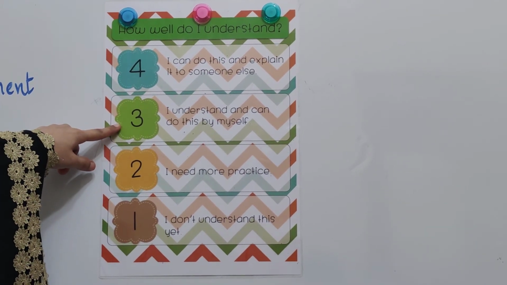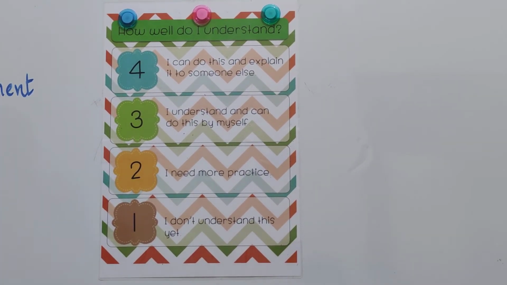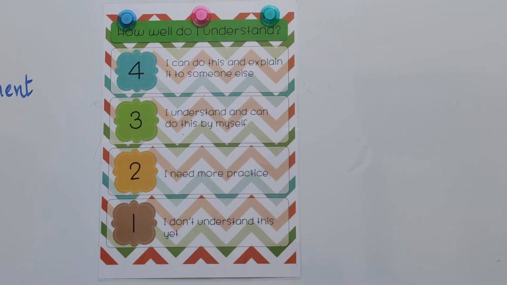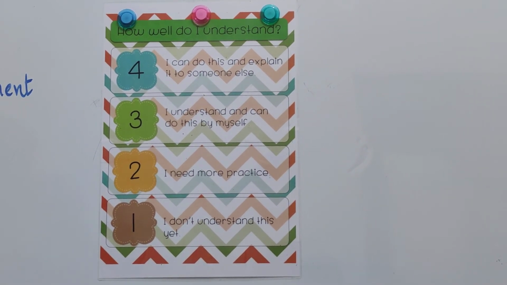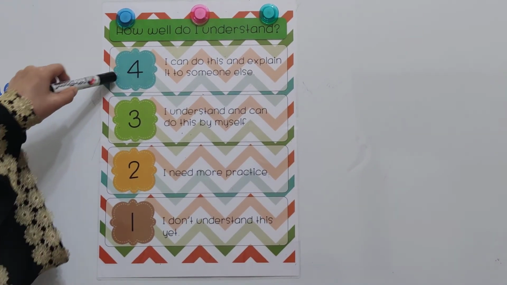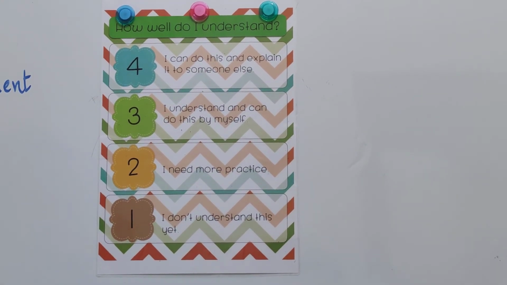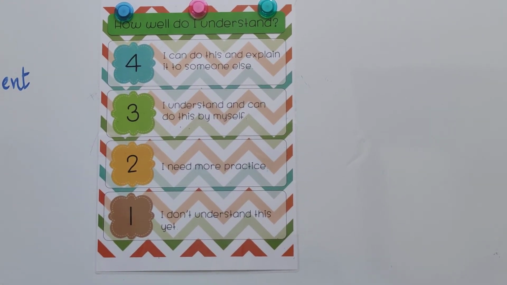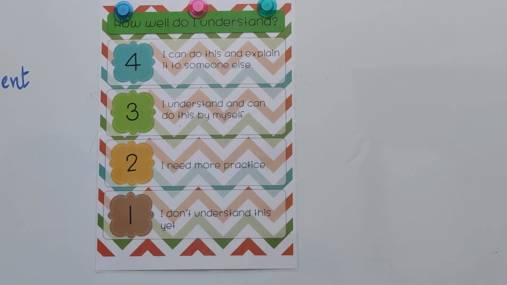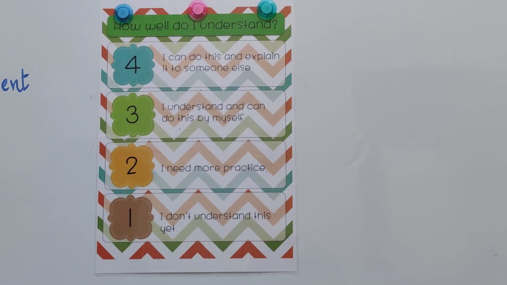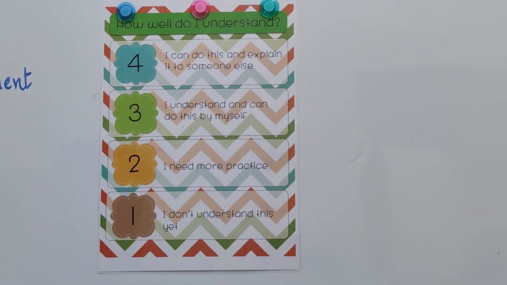And if you choose number 3, that means you can do it by yourself. Wow, wonderful. But if you choose number 4, that says you know the lesson, you can do it by yourself and you can explain it to someone else. Wow, how wonderful.